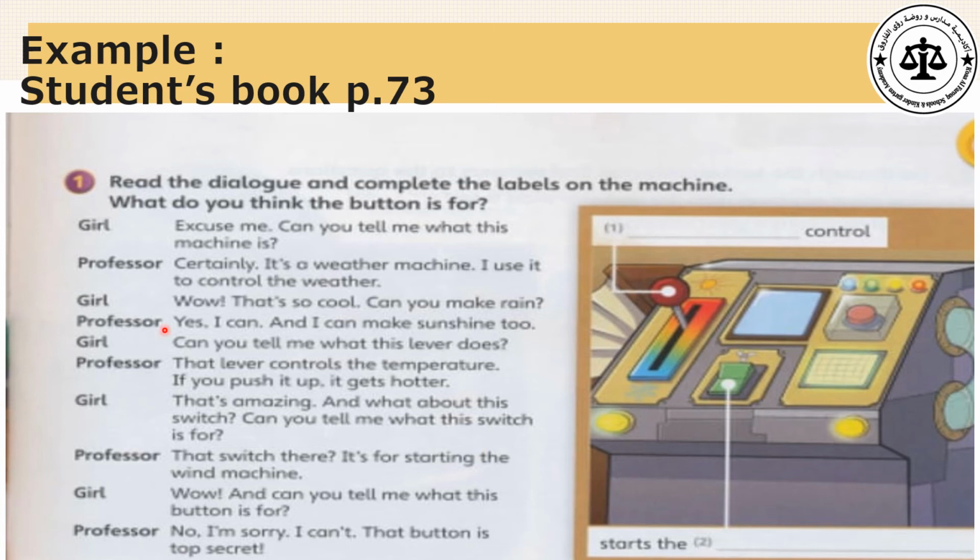So now I want you to underline the questions with can. The first one: Can you tell me what this machine is? So here we want the name of the machine. Can you tell me what this lever does? Look at the picture. We asked about this lever.